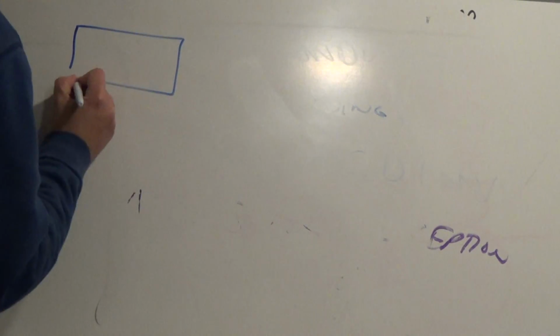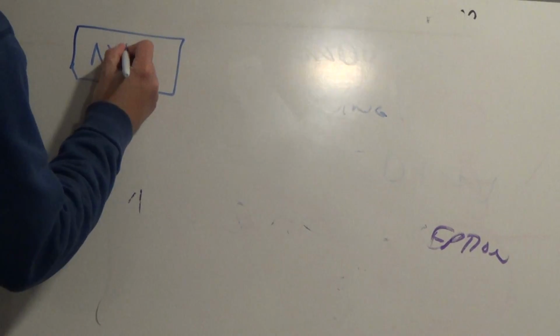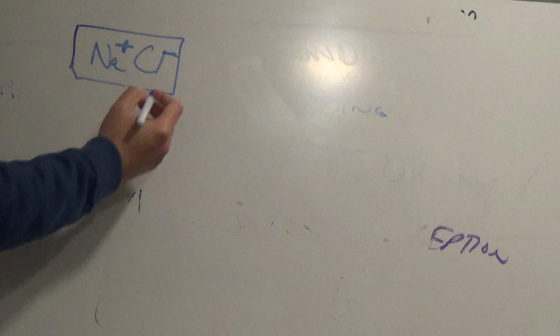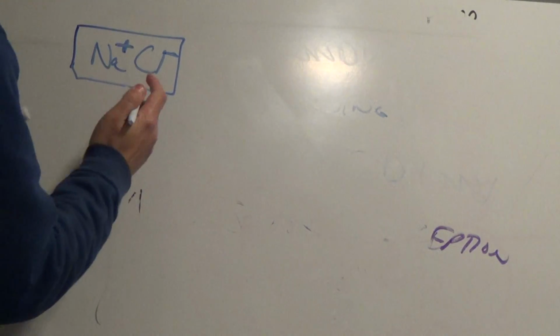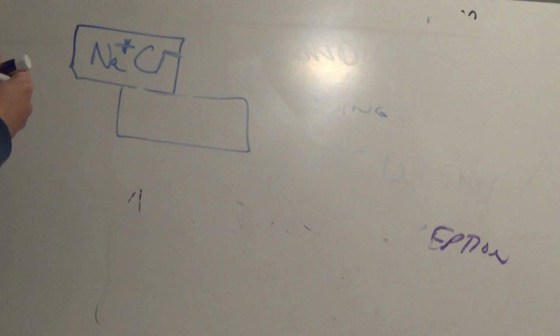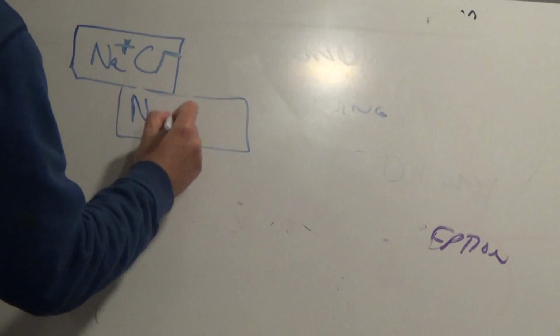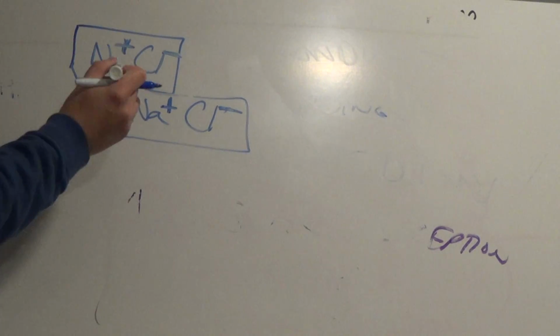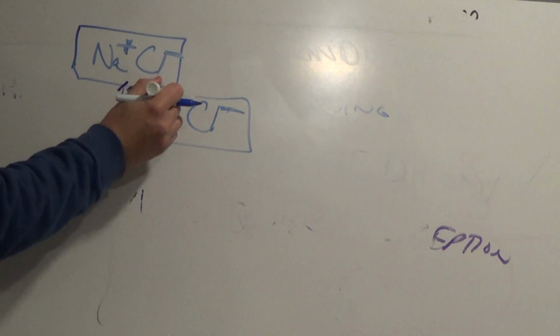Watch this. Remember how NaCl, they can dissociate, but now remember how we said one NaCl gets attracted to another one because they're stupidly negative and stupidly positive? Like that. And we had these electrostatic attractions in between them.